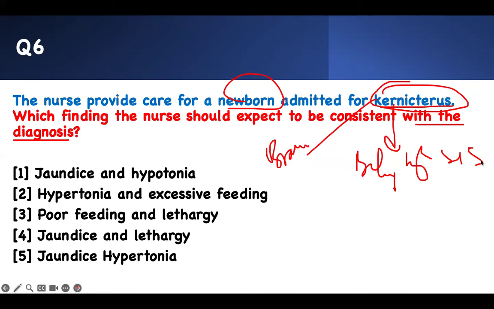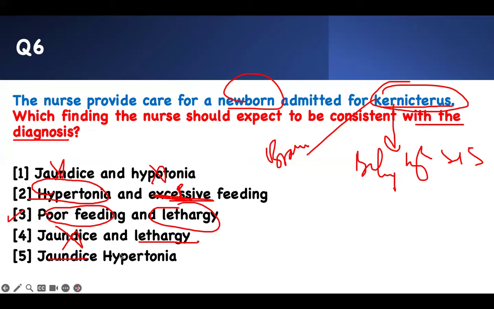Presence of kernicterus means you have some form of encephalopathy. That means the brain itself is being affected by the high bilirubin. Therefore, symptoms consistent with kernicterus are all about the brain, not the level of bilirubin. Jaundice does not define that. Usually they're going to have hypotonia, poor feeding, and lethargy.